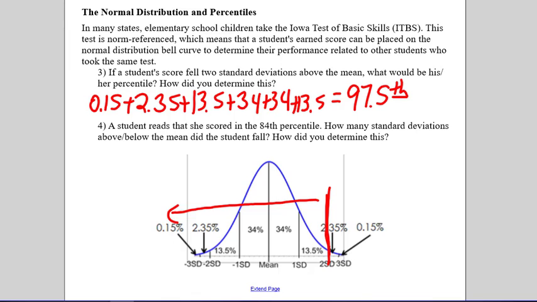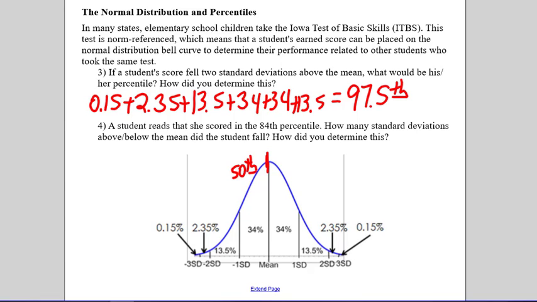And then the last question, it says that a student found out that she scored in the 84th percentile and wants to know how many standard deviations the student fell, above or below the mean. So the 84th percentile, let's use the fact that we know that automatically the mean is the 50th percentile.